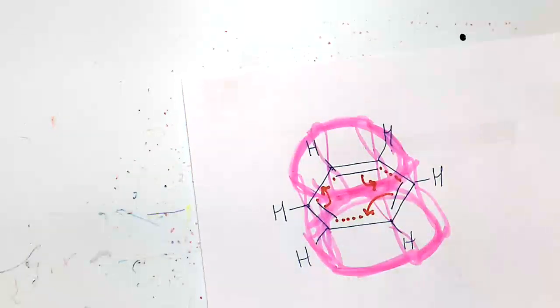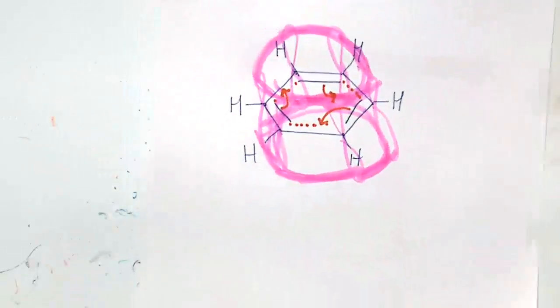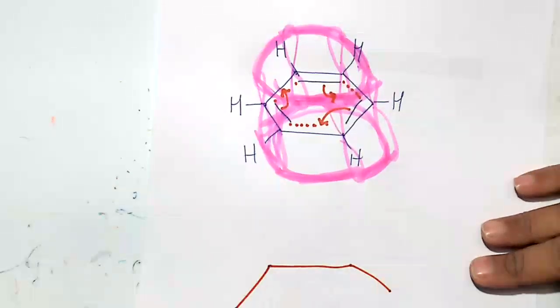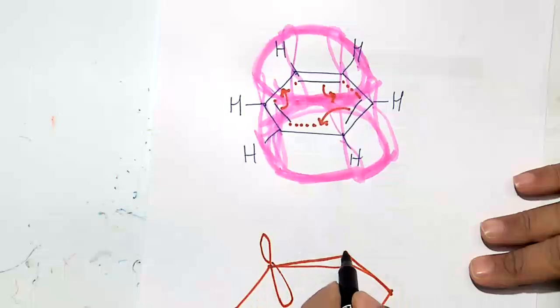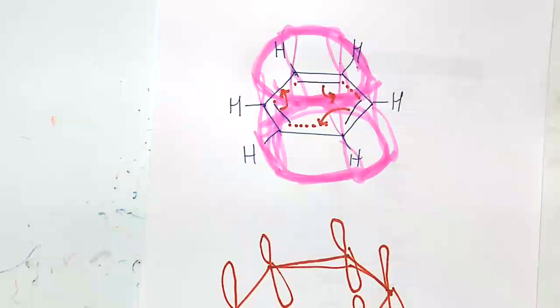Above and below the ring there is pi bond overlap. This gives benzene a lot of stability.